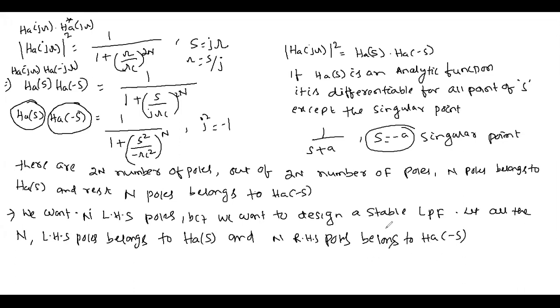Obviously, we are not interested in H of minus s, because when poles lie on the right hand side of the s plane, it is an unstable system.